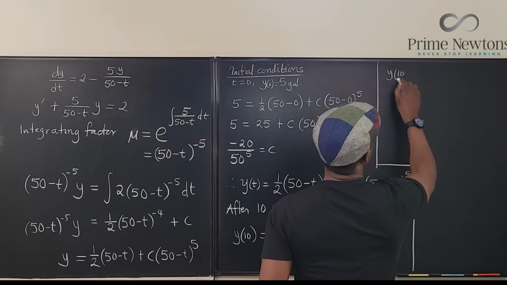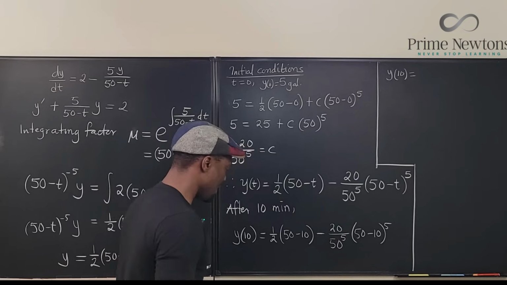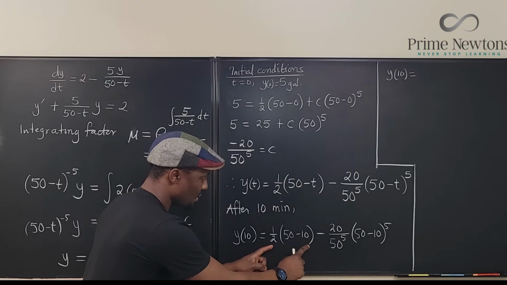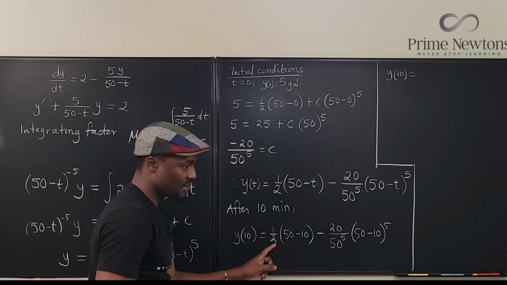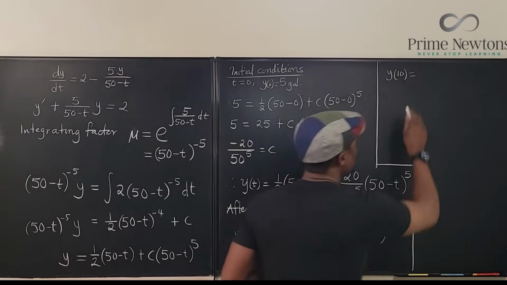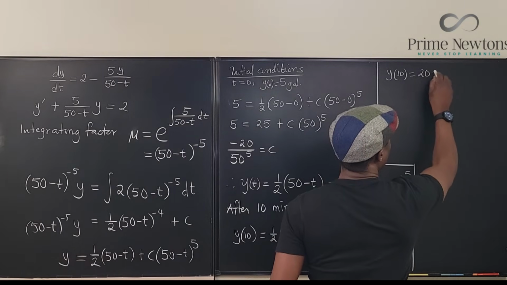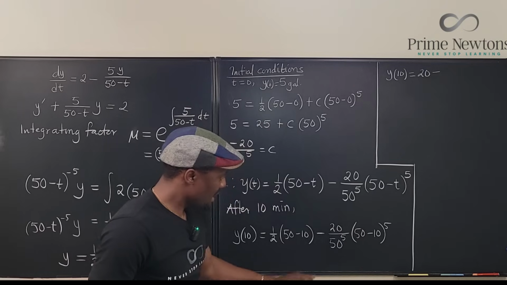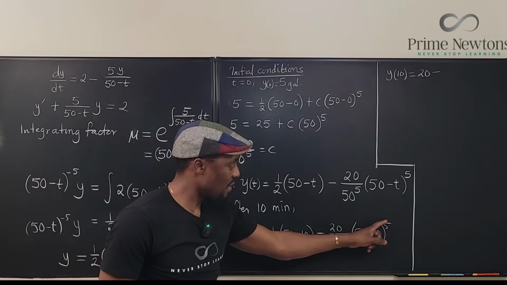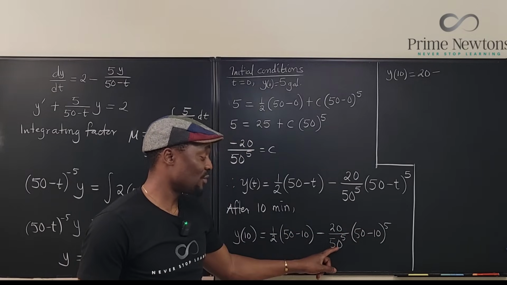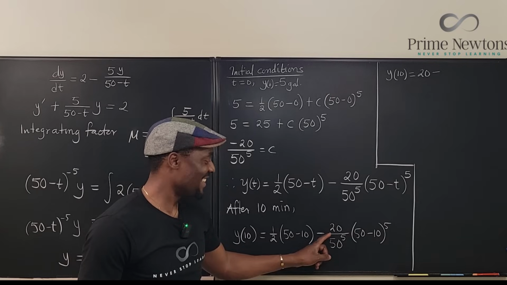Y of 10 is going to be, what is that? 40 divided by 2, that's 20. So that's going to be 20 minus, let's leave this alone. Let's go here. This is going to be 40 raised to power 5 divided by 50 raised to power 5. Okay, that's easier, times 20.